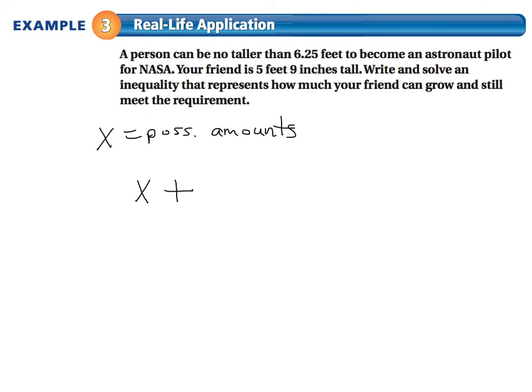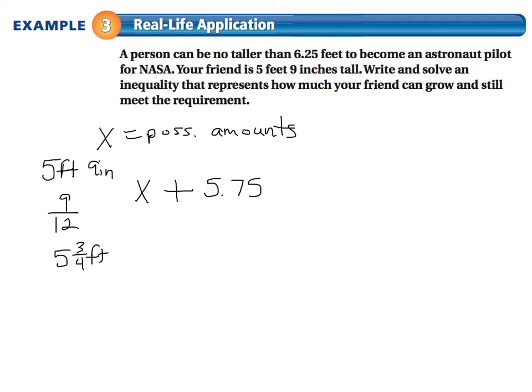But because this problem is in feet, we have to convert 5 feet 9 inches. 5 feet, 9 inches means that we have 9/12 of a foot, which means we have 5 3/4 feet. As a decimal, that would be 5.75. So 5 3/4 feet plus X number of feet, but it says your person can be no taller.